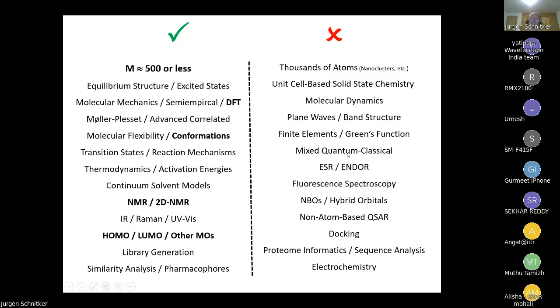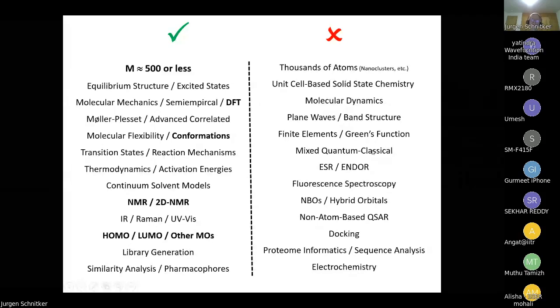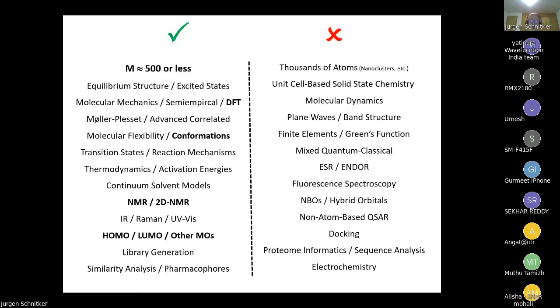Mixed quantum classical, I skipped that line here. You can do complicated protocols where you start with a classical simulation and then continue with a quantum calculation, but we don't do mixed quantum classical in the same model. So we just don't get into that. Orbitals, of course, molecular orbitals, that's the absolute natural for the program.